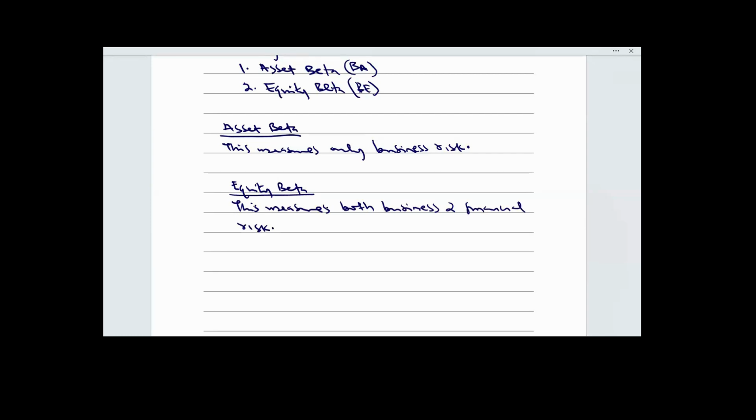When a company is only financed with equity, then equity beta is the same as asset beta. When a company is only financed with equity, equity beta and asset beta are the same.